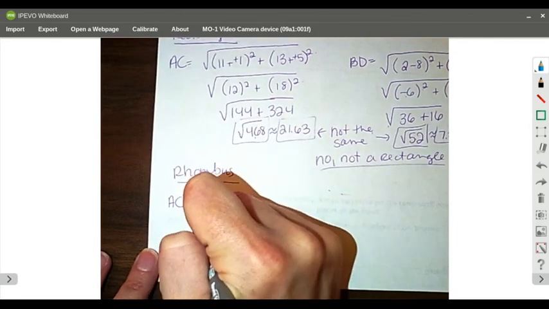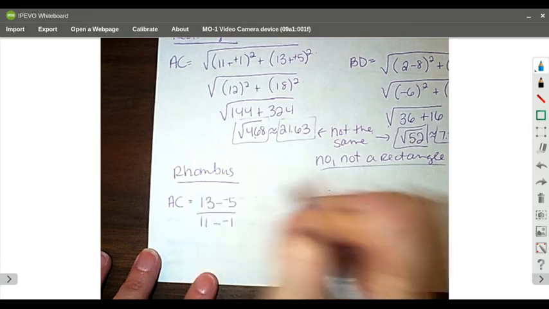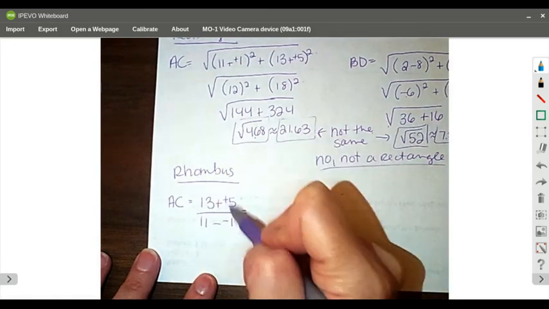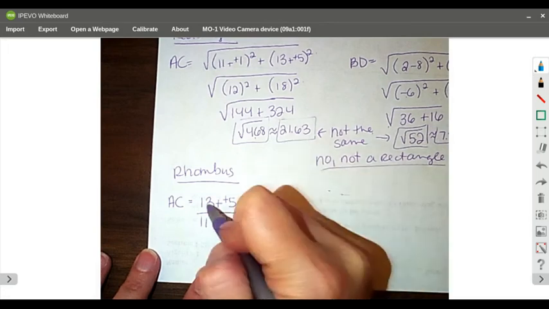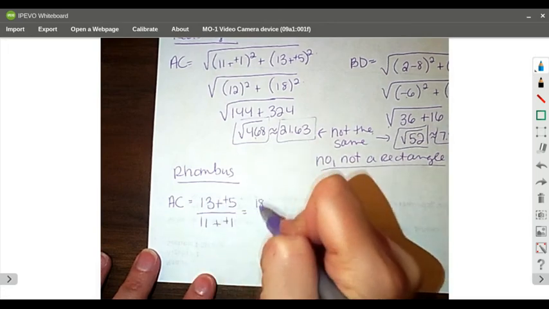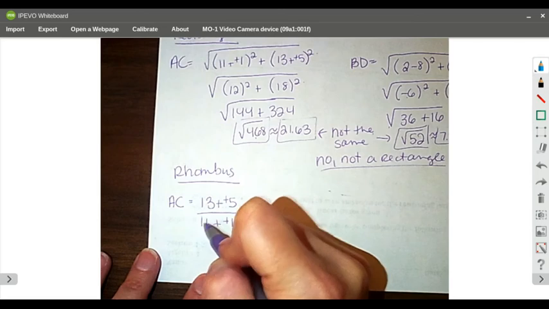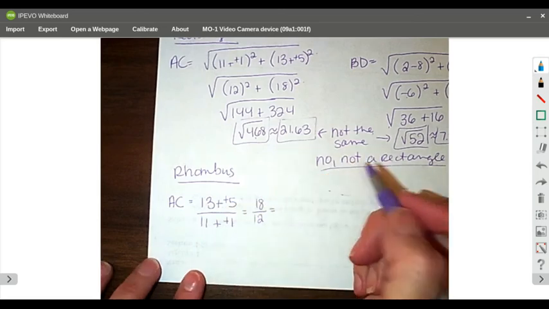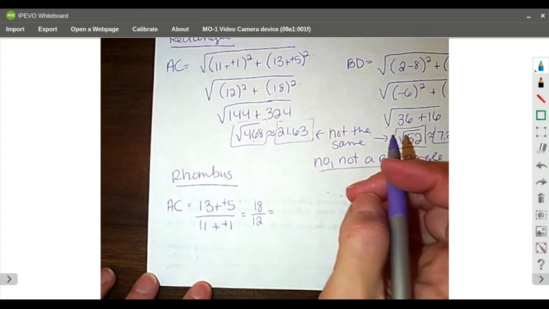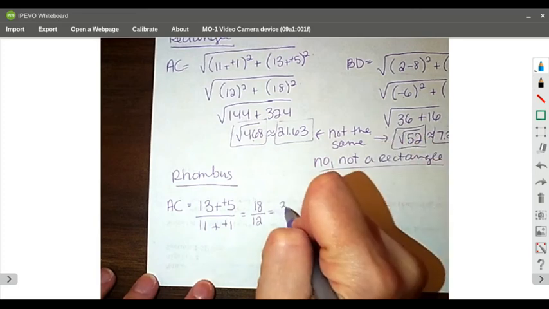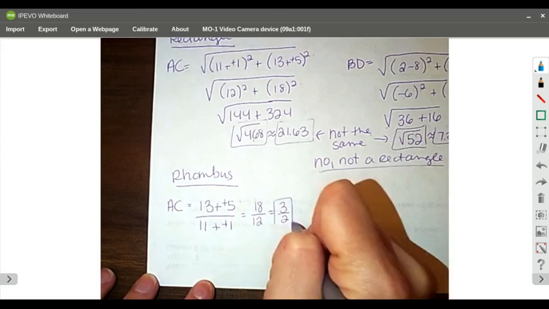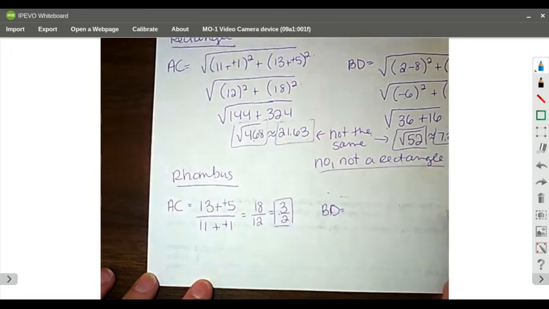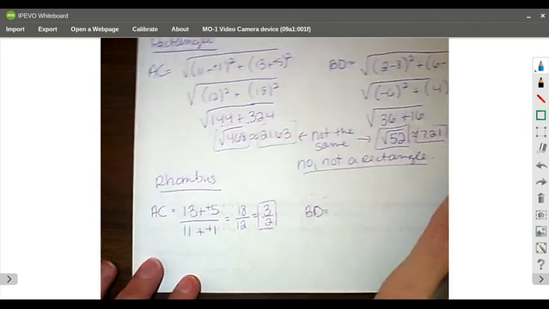So 11 minus -1. So minus and negative changes to positive. So 13 plus 5 is 18. 11 plus 1 is 12. And we can reduce that, right? 18 over 12, we divide both by 6. It's going to be 3/2. So now if I do the slope of BD, and it's -2/3, then yes, it is a rhombus.